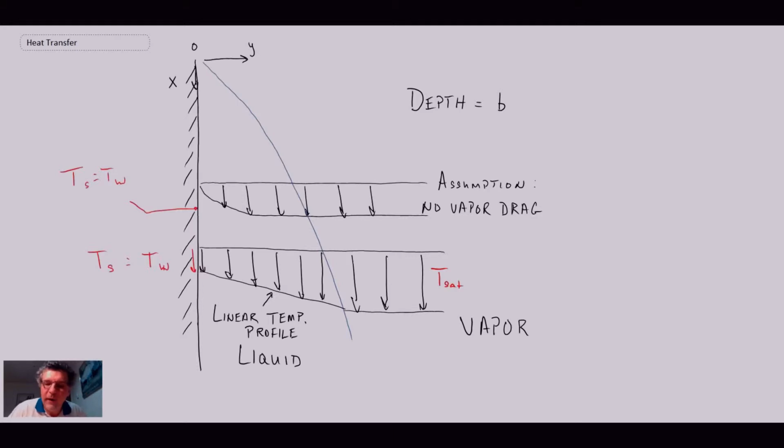This is the model that Nusselt used to come up with a relationship that enabled him to come up with a convective heat transfer coefficient.